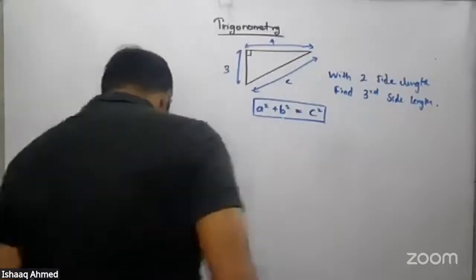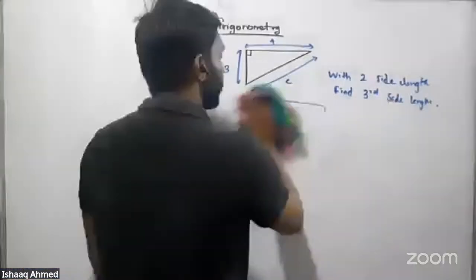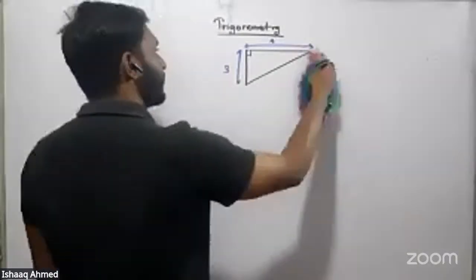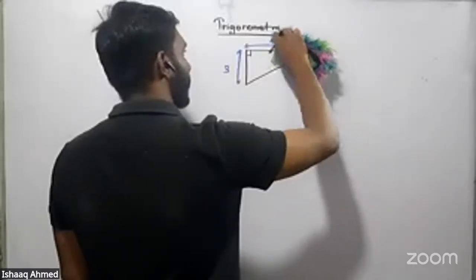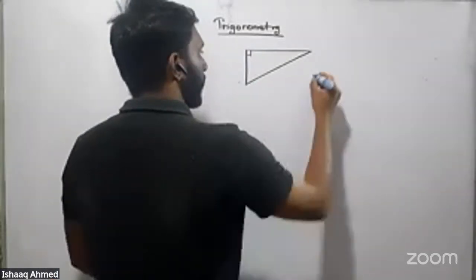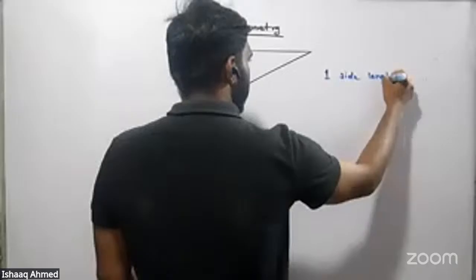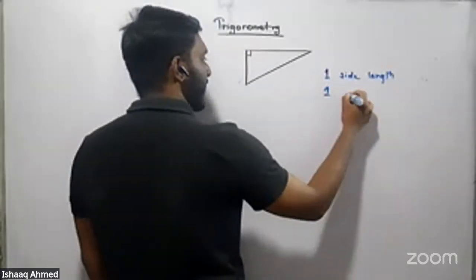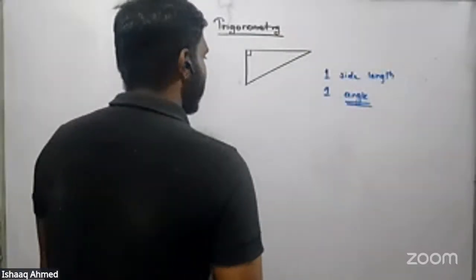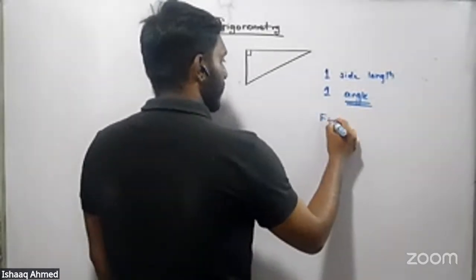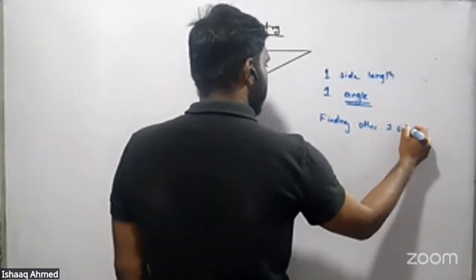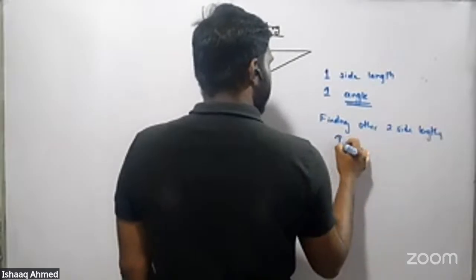Similarly, instead of using two side lengths, using one side length and one angle, finding the other two side lengths, that is trigonometry.